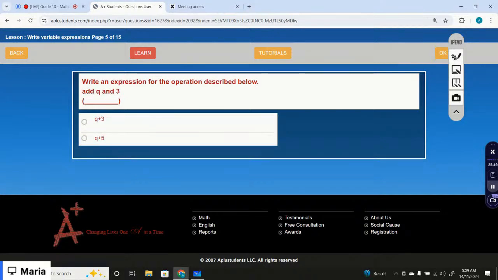Write an expression for the operation described below. Add q and 3. So which is the correct option?